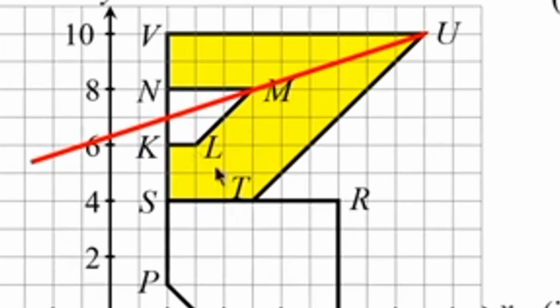That point of intersection will be your point of enlargement for KLMN to STUV. That is how you draw the other line.